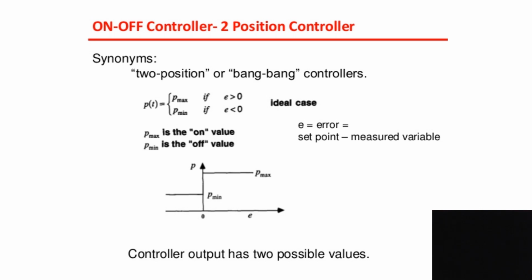It remains in only two positions, either minimum or maximum. The controller output has only two possible values. That is a drawback of on-off control, because the valve can remain only in the on position or the off position.